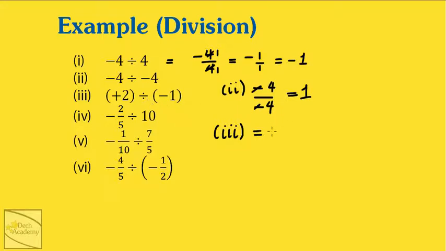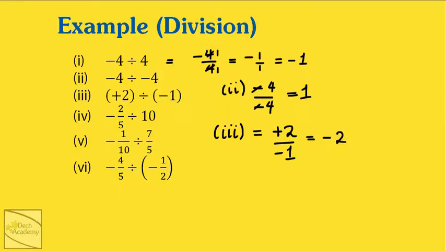we have plus 2 divided by minus 1. Now, you can think of the plus divided by the minus as being minus, and then 2 divided by 1 as being 2.